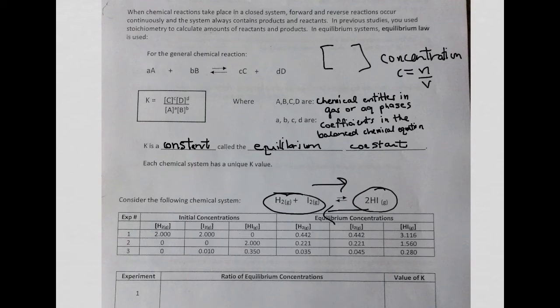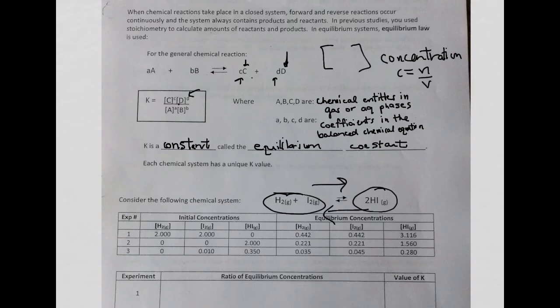Most of the units we'll be using in equilibrium are moles per liter for concentration. So we have the concentration of this product raised as an exponent to its coefficient. Then that's multiplied by the concentration of D product raised to its coefficient, and then divided by the reactant concentrations multiplied by each other, each raised to their coefficients.